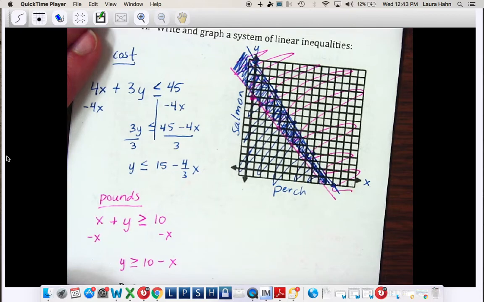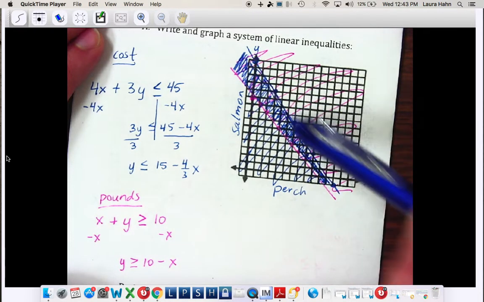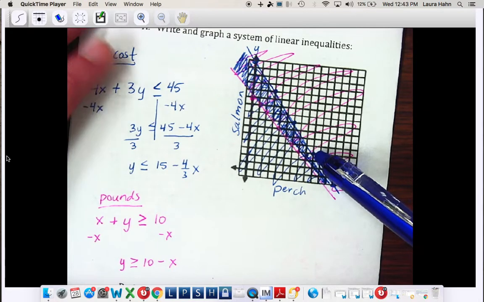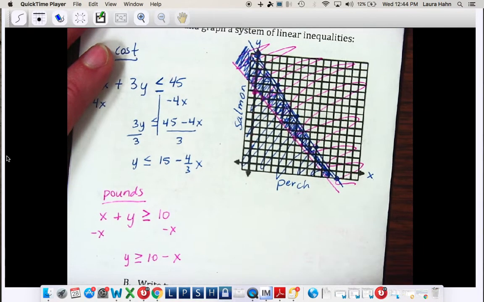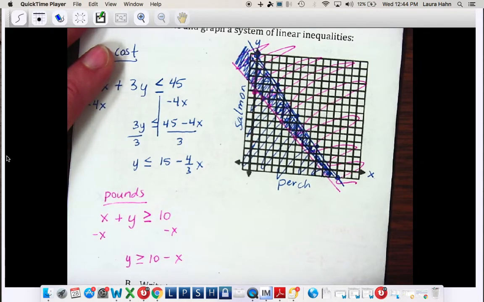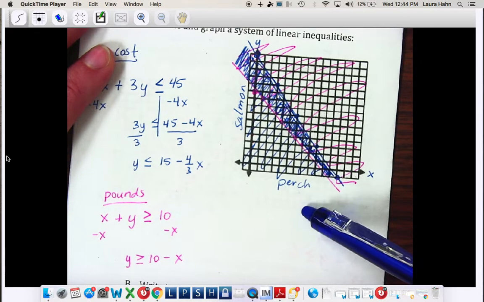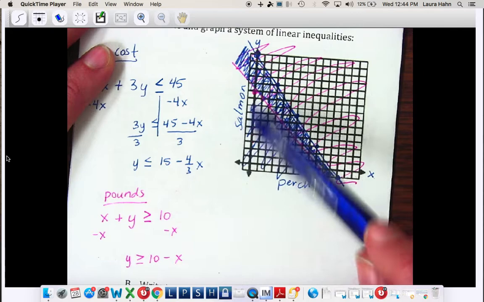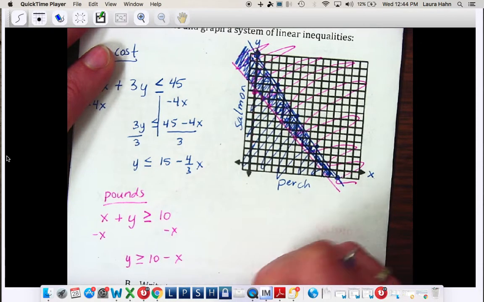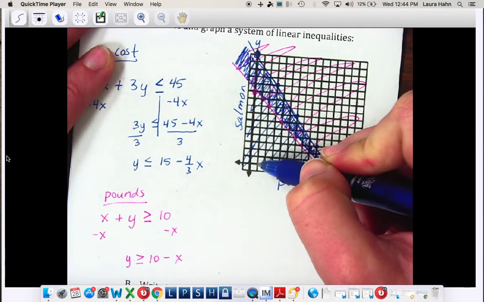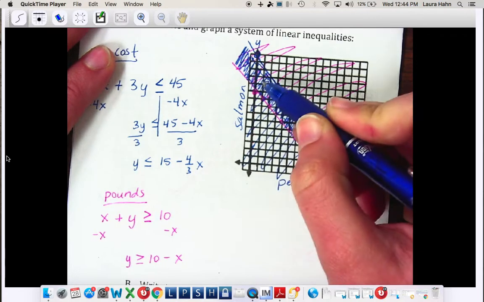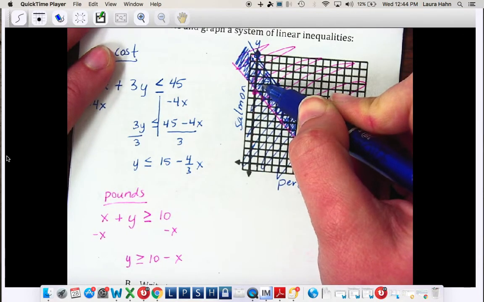All right, so any solution in that shaded area on top of this line or on top of this line, because they're both solid, would be counted as solutions. So I want you to write two possible solutions. So just like last time, I want you to be specific. Tell me how many pounds of perch and how many pounds of salmon. So give me two different examples. Like I can get 1 pound of perch with however many pounds of salmon, right?